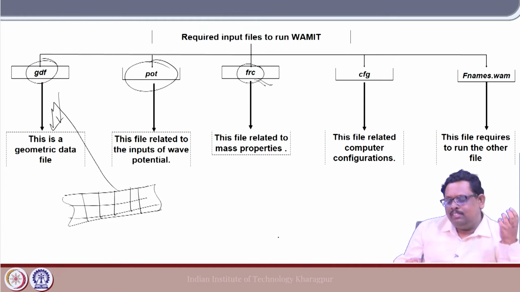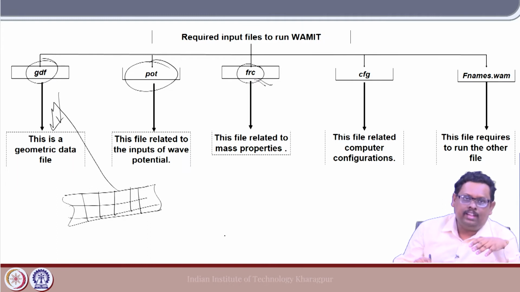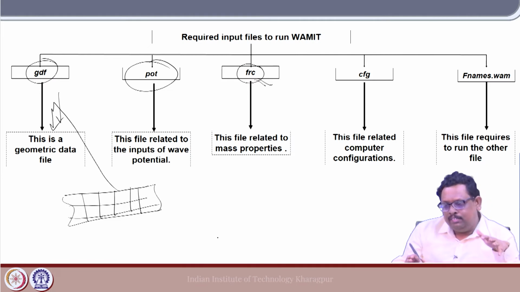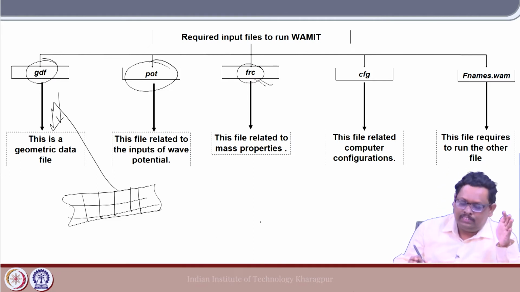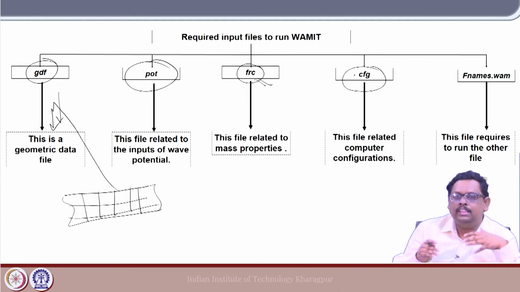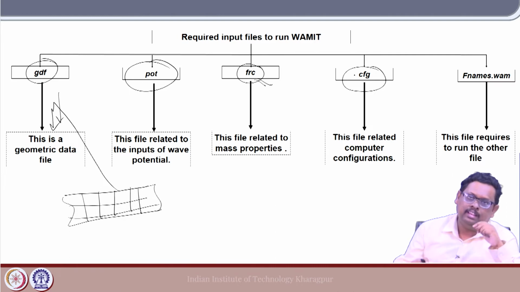Okay. In this FRC file, we have to input all the parameters that are used to solve the equation of motion. That means you need to put the radius of gyration, the mass matrix, etc. And then also this CFG file that configures your CPU, RAM, etc.